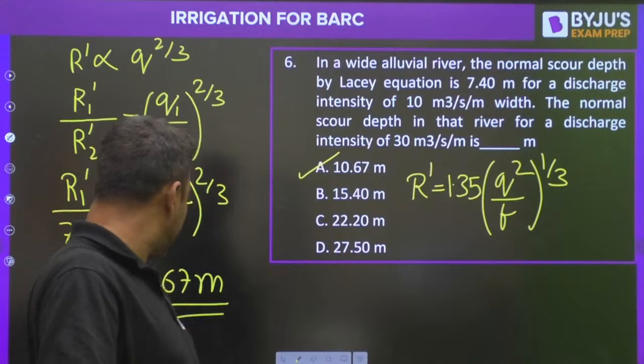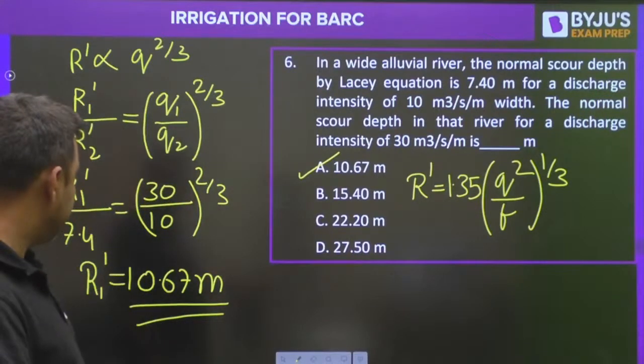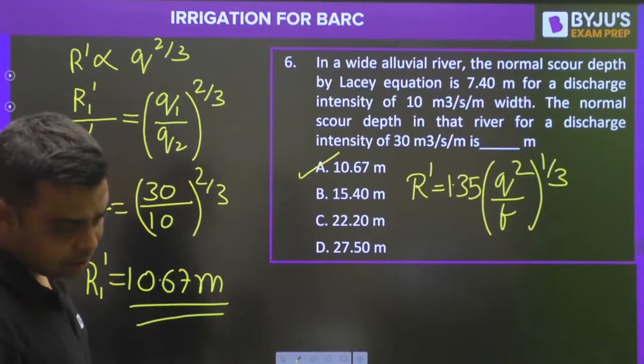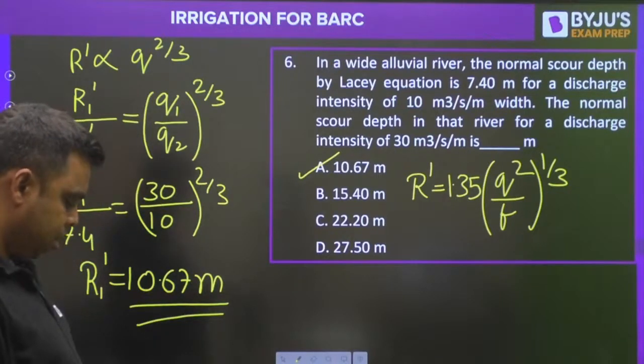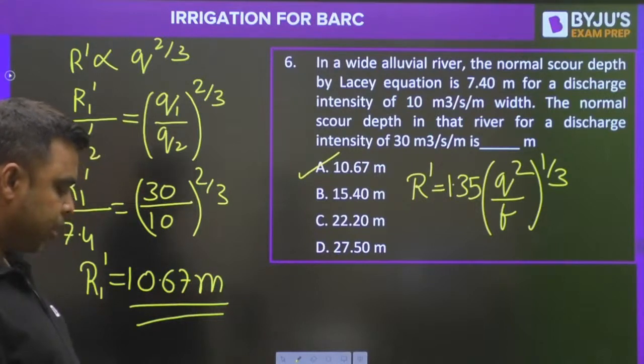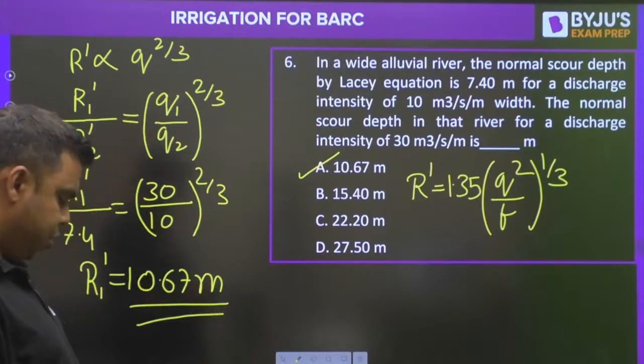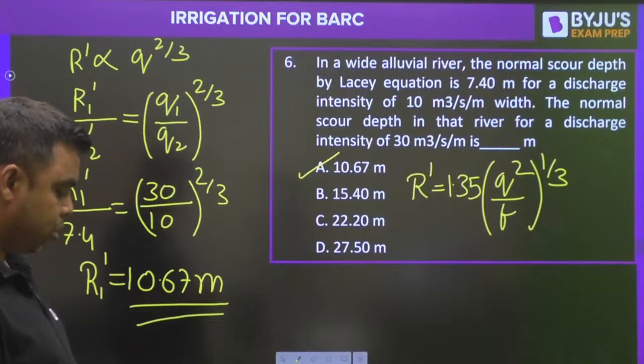Akash ji, it will not be 15, it will be 10.67, I guess. Please check. 30 to the power of 2 divided by 3, that is 9.65, into 7.4.